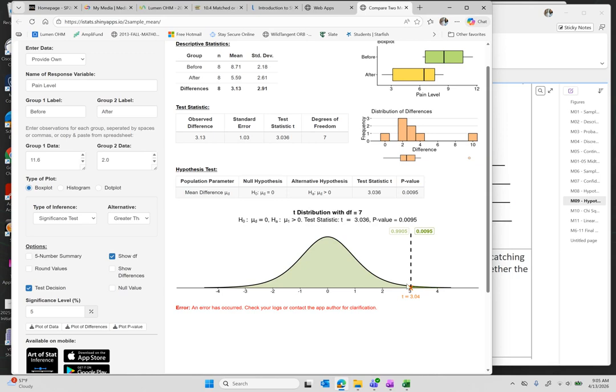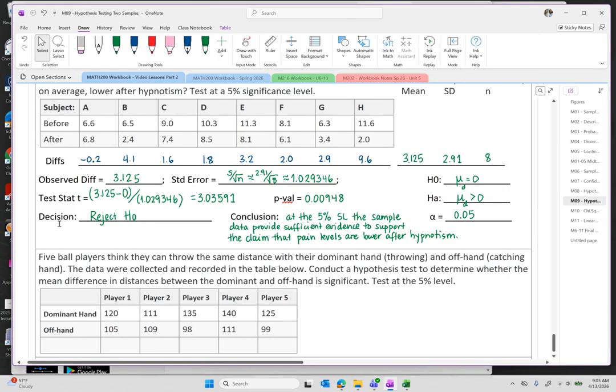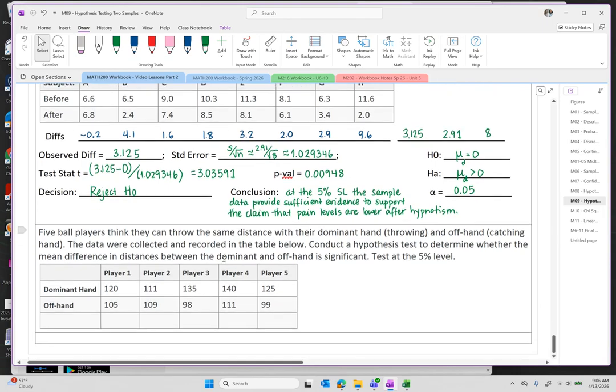Remember that your variable is the mean of the differences, and then this will be the t-scores for those. Based on this p-value, you can then decide to reject the null hypothesis and conclude that at the 5% significance level, the sample data can support the alternative hypothesis.